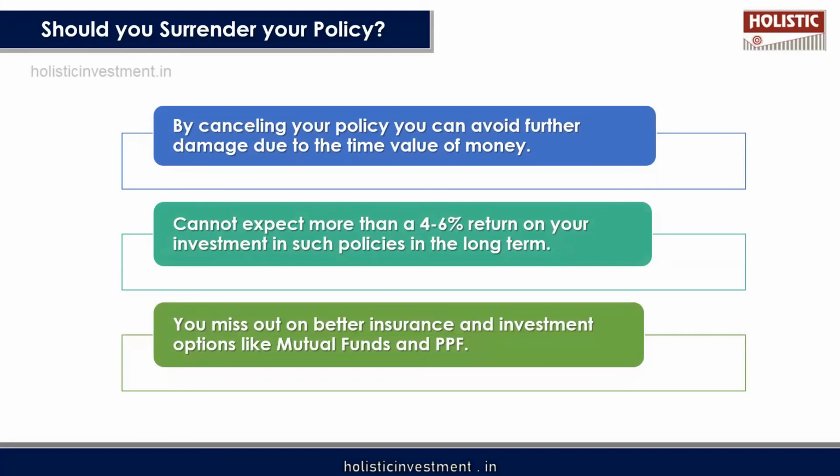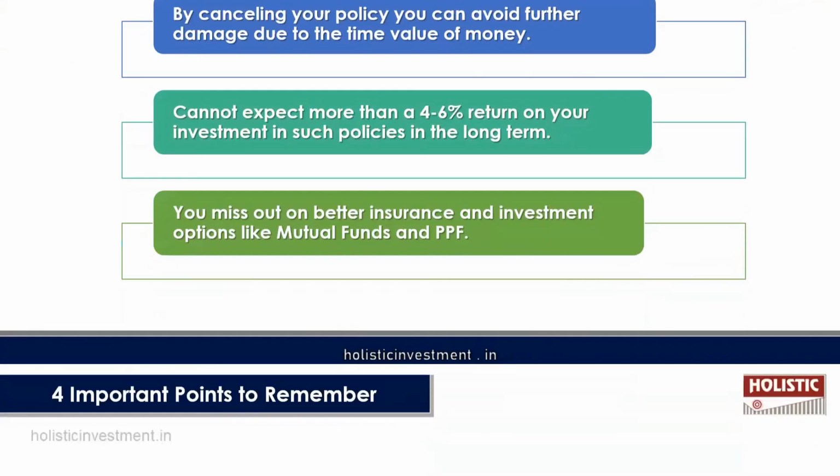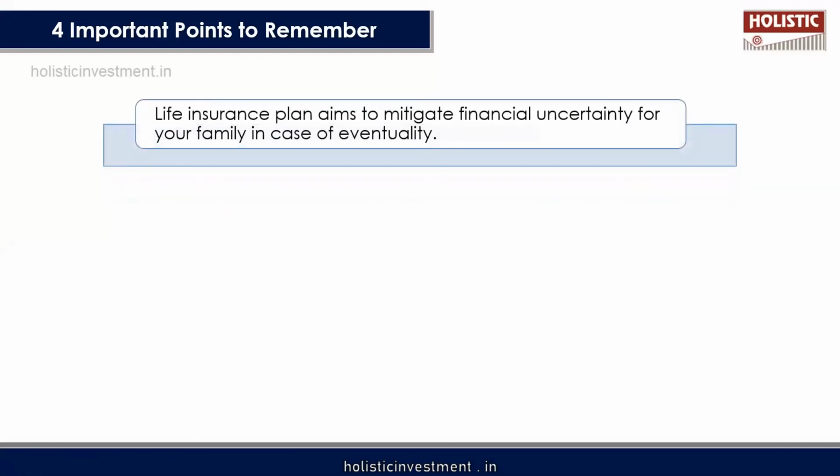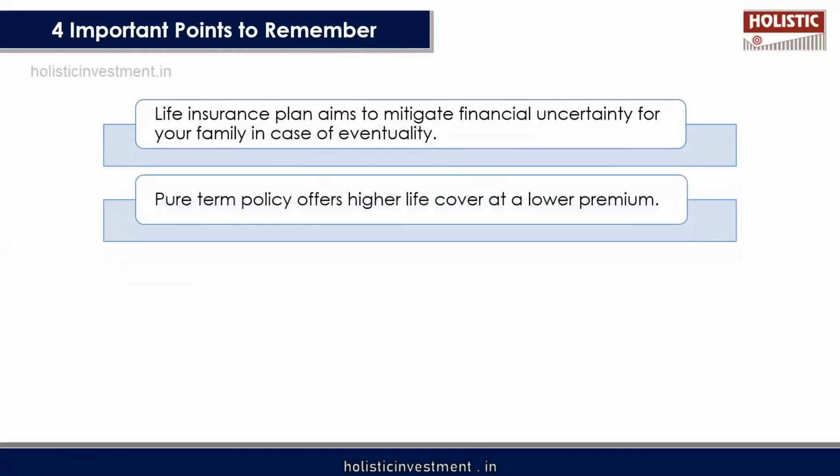To help you take a wise decision, here are 4 things to remember whenever you buy an insurance plan. Our first point is a life insurance plan must aim to mitigate financial uncertainty for your family in case of an eventuality. Second point, as compared with other insurance plans, pure term insurance policies offer higher life cover at a relatively lower premium.